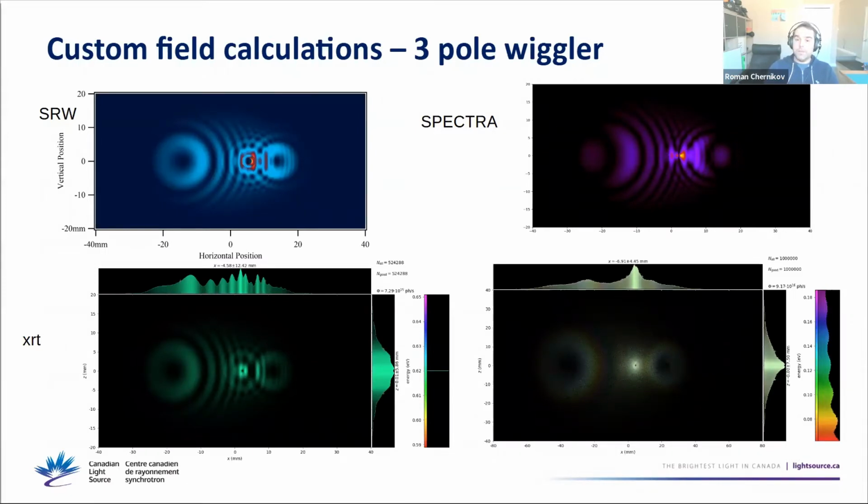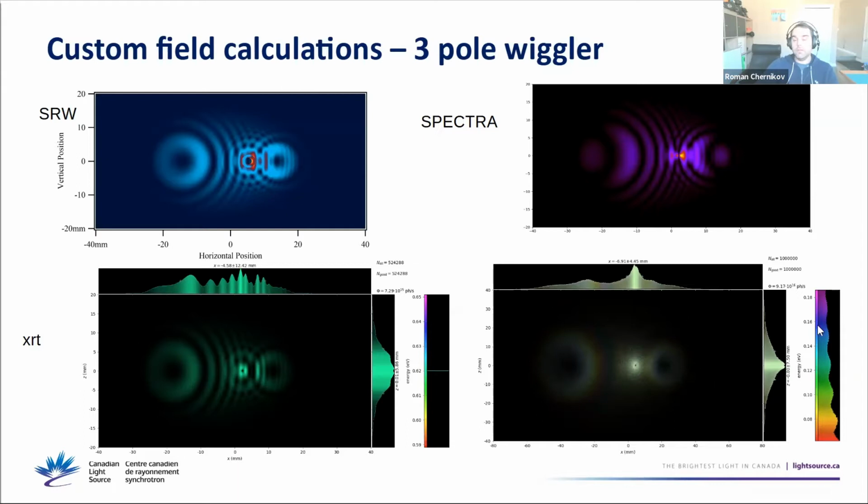Here as well, we compare our code versus SRW and Spectra, and in principle, there are some minor differences, code specific, model specific, but overall, all the features are in place. And in addition to this monochromatic case that any other package can do, we can make use of the fact that XAT can quickly generate the rays in three dimensions, angles and energy, and you can generate something into a finite bandwidth.